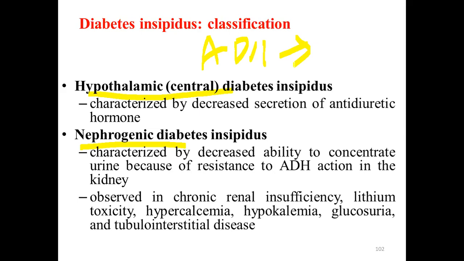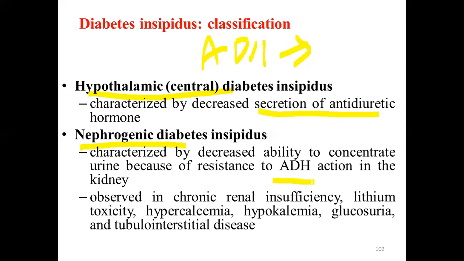When we say central diabetes insipidus, the problem is decreased secretion of the hormone. But in nephrogenic diabetes insipidus, it is mostly not due to secretion. The hormone level is actually normal. The ADH level is within the normal range, but the target organ, the kidney, is not responding. So it is just a problem related to the kidney.